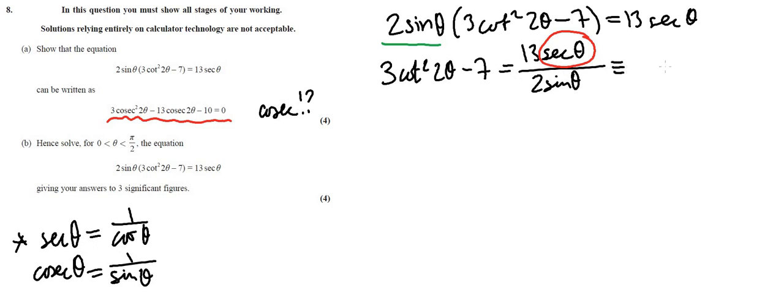So actually, this is the same thing as having 13 over 2 sine theta cos theta. Now, that's not cosec, but as you can see, all those cosecs have both got 2 theta, so I need a double angle. This is going to give me a double angle.